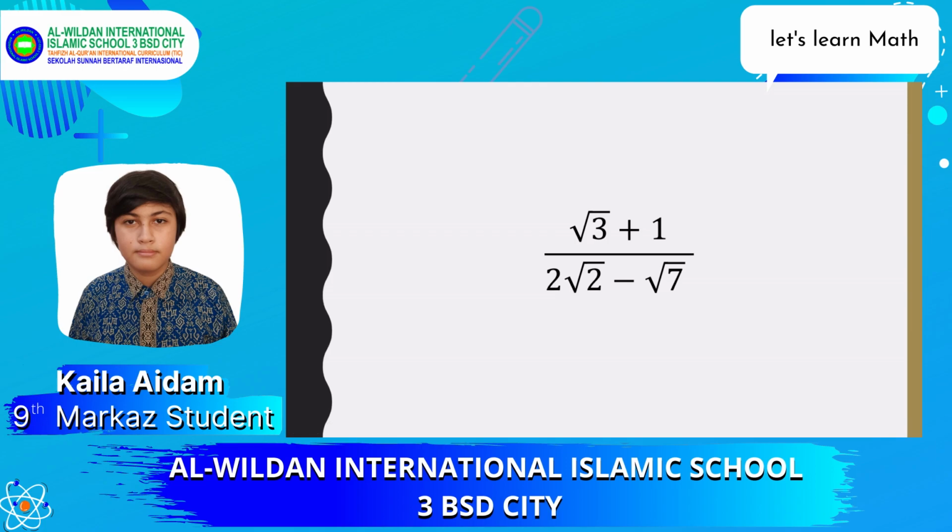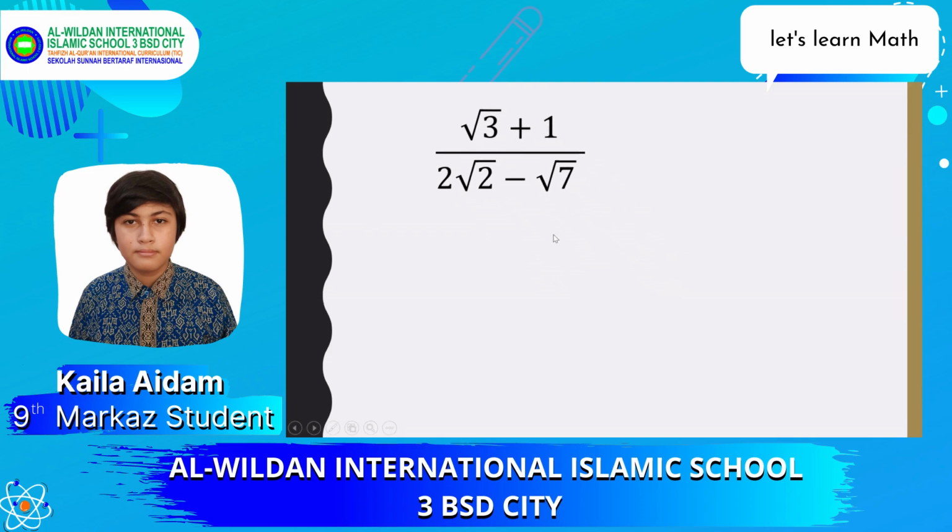So in this case, you don't really need to worry about it. It's okay. There is no difference in completing this problem. It's the same. We multiply by the conjugate of the denominator, which is 2 times square root 2 minus square root 7 divided by 2 times square root 2 minus square root 7.